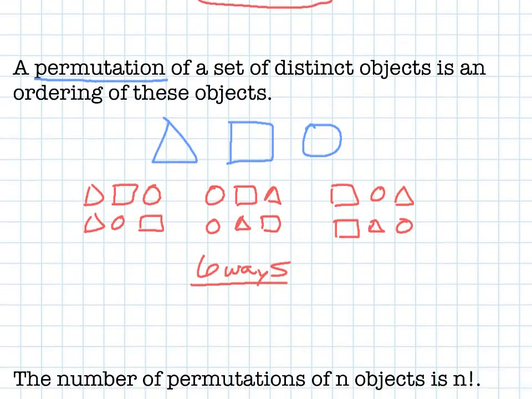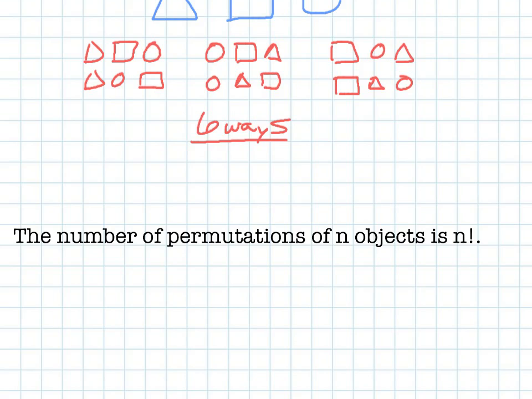Okay, now another way of finding permutations is if you just have n objects and you're using them all. Then it's the same thing as doing n factorial. So in this case, I have 3 distinct objects, so my factorial would be 3 factorial. When I want to find factorials, you start with the first number, so 3, and then you just multiply each number as you move down to 1.